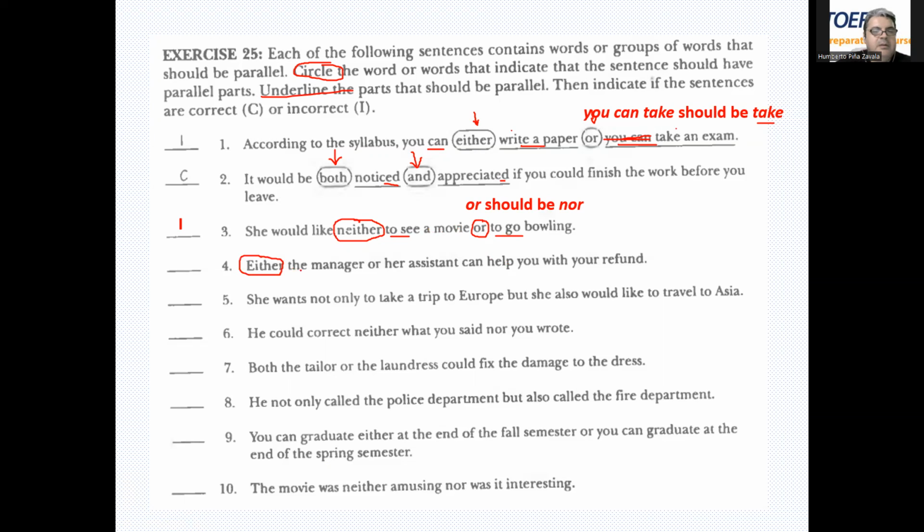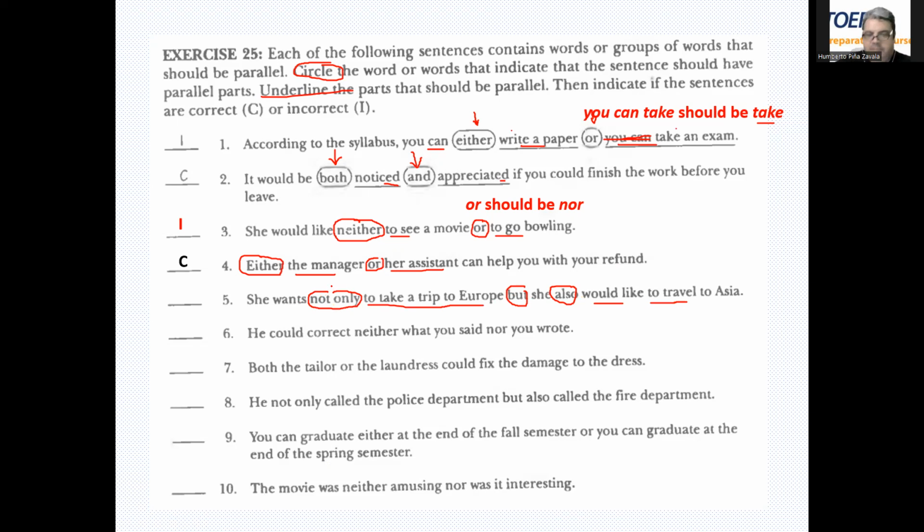Either the manager or her assistant can help you with your refund. Okay, so we've got either or, that's the pair conjunction. Then we've got two occupations, everything's fine. She wants not only to take a trip to Europe, but she also would like to travel to Asia.